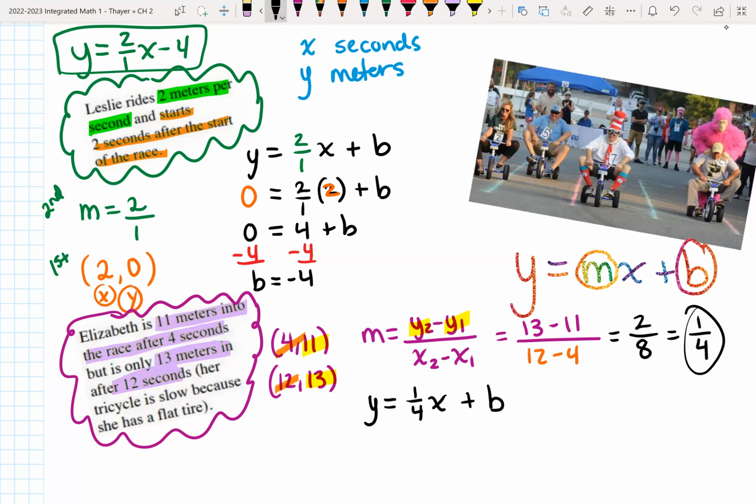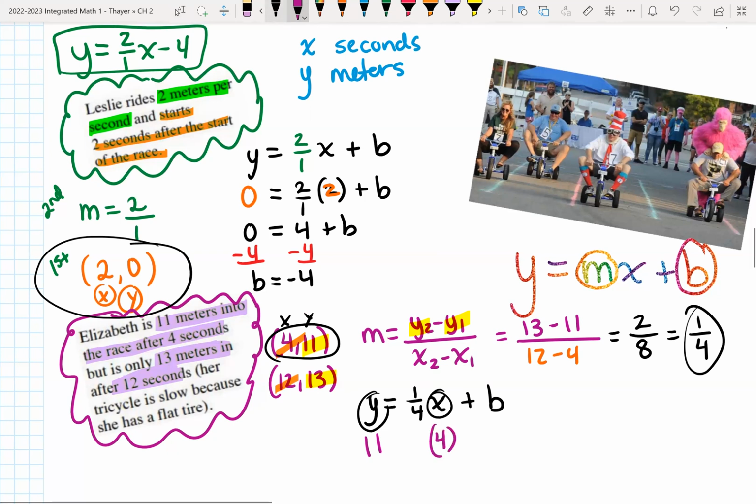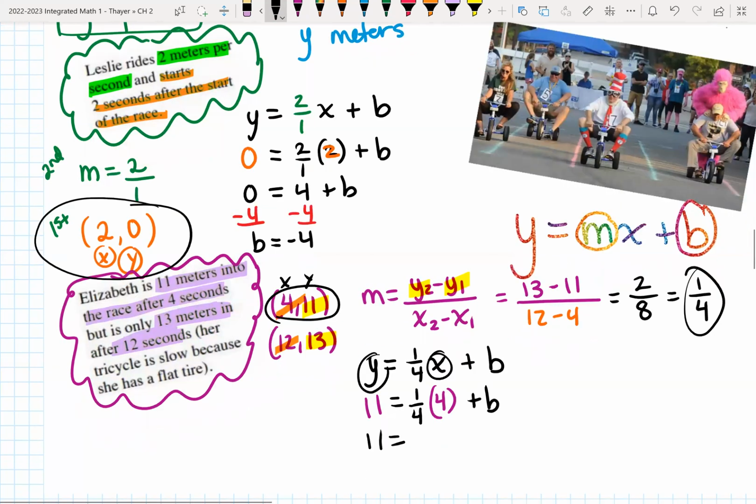We don't know her y-intercept. So we'll do the same process as we did up here, where we took a point and plugged it in. Let's take this top point here and plug it in place of x and y. So we'll take 4 and 11 and insert them in right here. So 11, and that 4 will sneak right there. Okay, so 1/4 times 4, that's just 1.